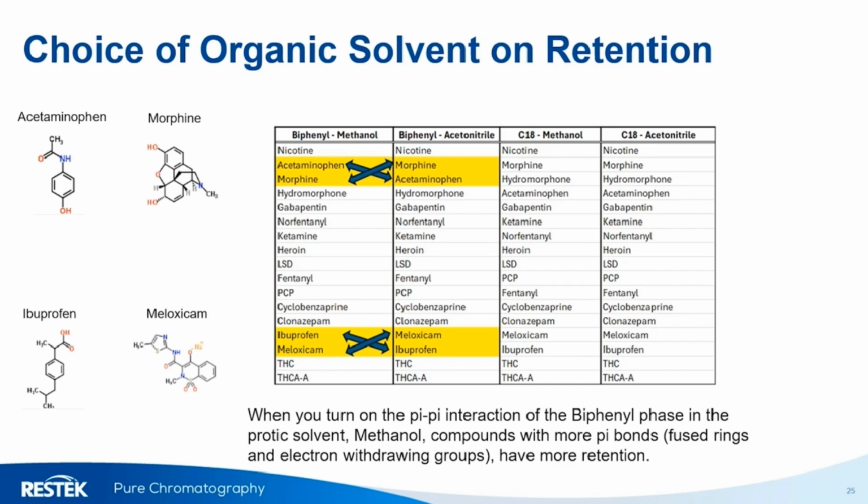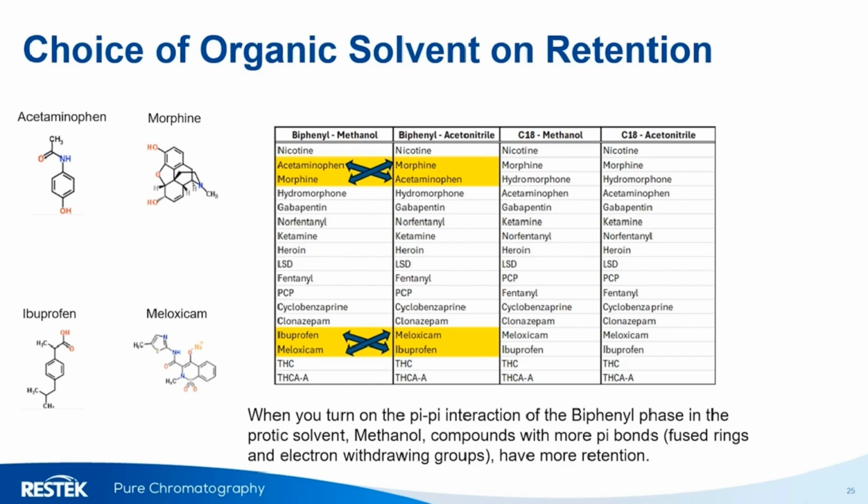It's not that the pi-pi interactions turn off, it's just that when you run with acetonitrile, acetonitrile has pi bonds in it, and you are just crowding the space in your separation with pi bonds, meaning that the pi bonds on the biphenyl phase can't find the pi bonds in your analytes because of all of the acetonitrile pi bonds that are present.